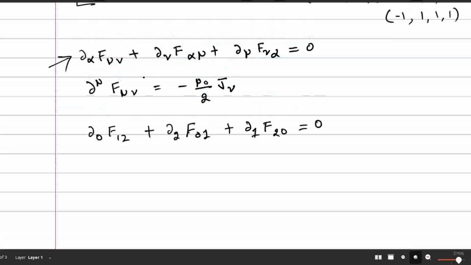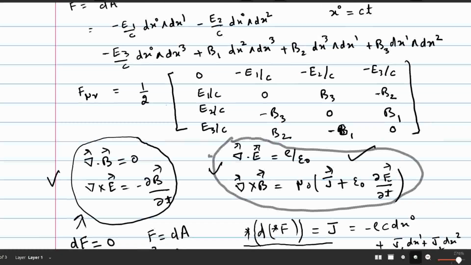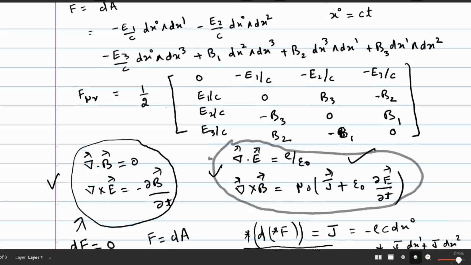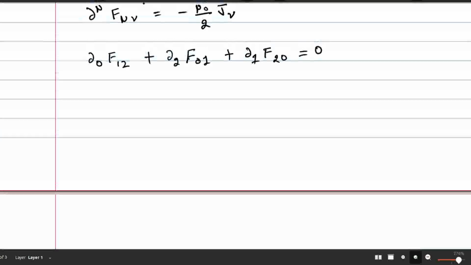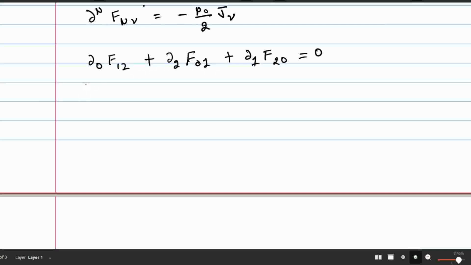Now f12, we can see from here, F12 is 1/2 b3. The 1/2 factor is common to all of these, so we can ignore it.